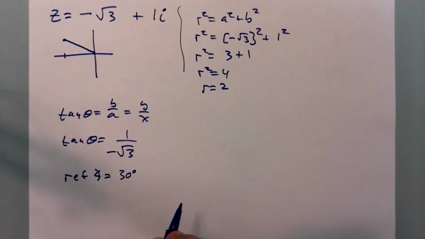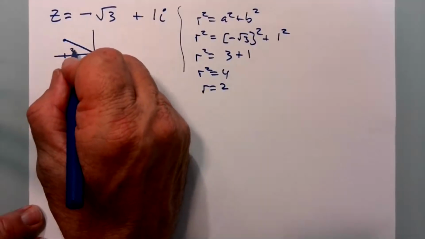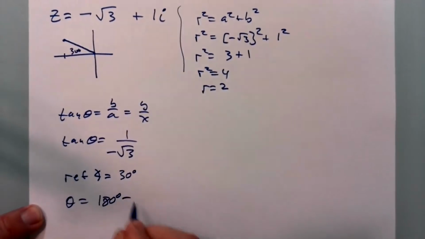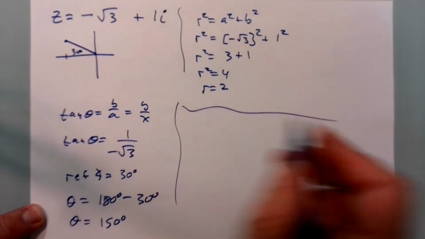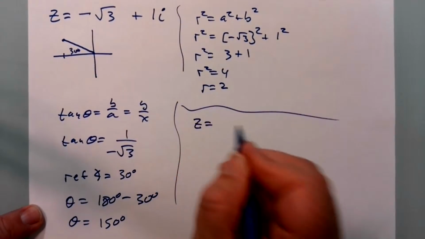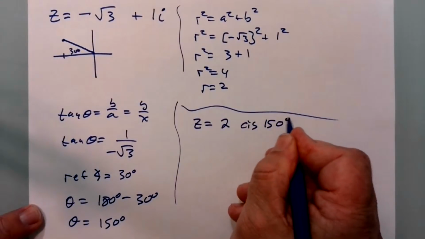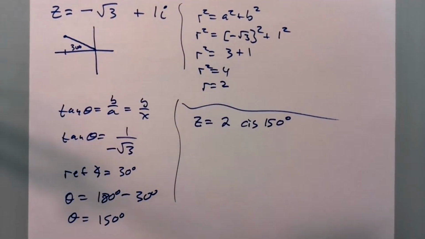So we have 30 degrees as a reference angle, but we are in quadrant 2. So if this is 30 degrees, that would make theta what? Theta is 180 degrees minus 30 degrees, which is 150 degrees. So now what I have is Z is r cis theta is 2 cis 150 degrees.